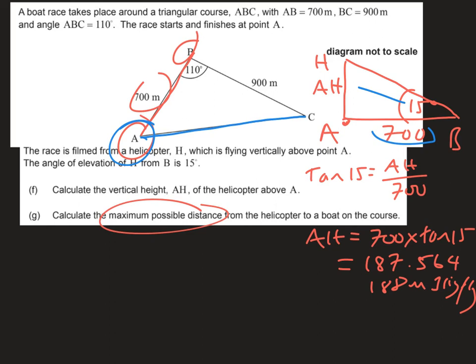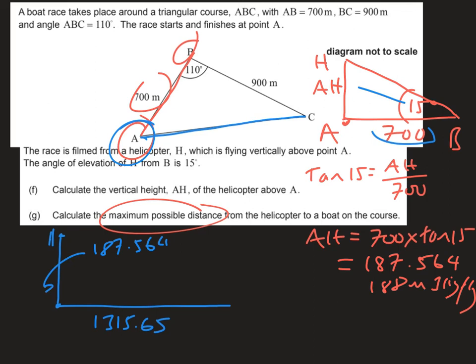So if you look at the ground, we've got A here, and the furthest position that the boat can be is at C, and we know from question A that that distance is going to be 1,315.65. Now we've just worked out that the helicopter up here at H is going to be at a height of 187.564.